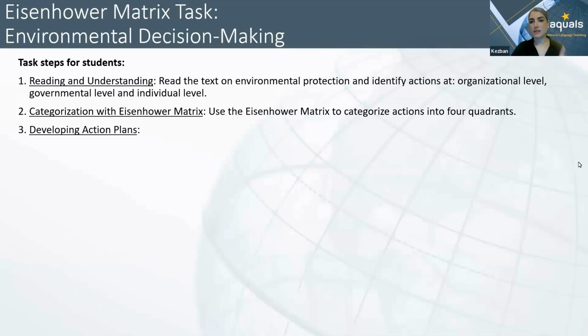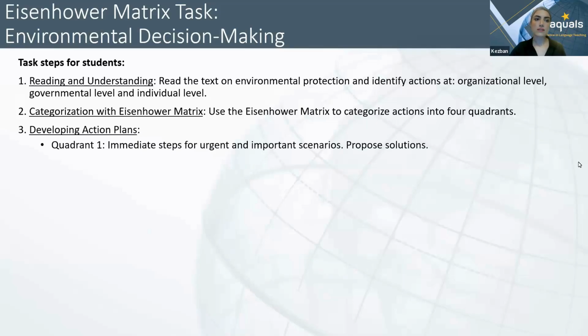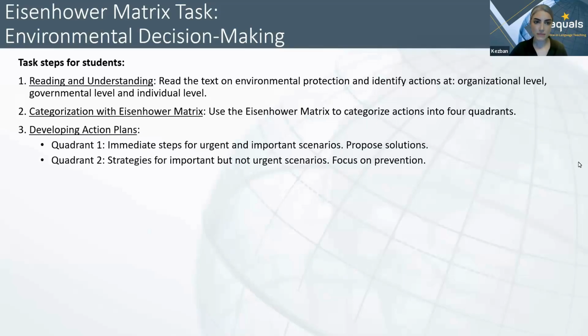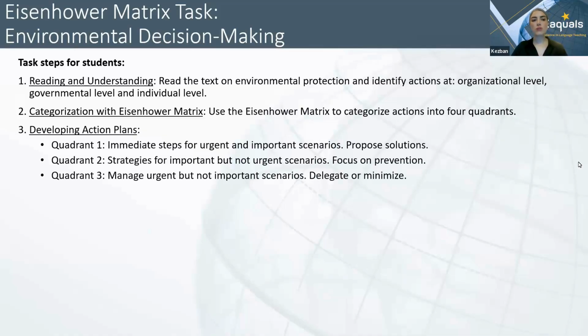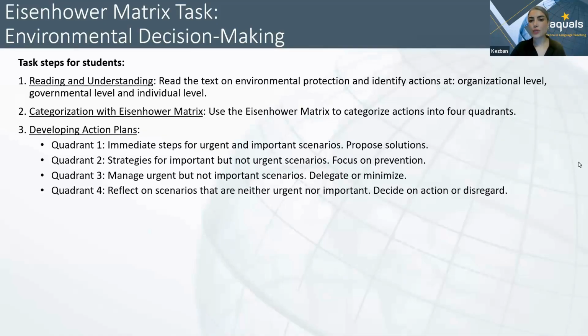After this categorization, they started developing their action plans. For the actions they placed in quadrant 1, they suggested solutions. For actions in quadrant 2, they started focusing on preventive activities. And for quadrants 3 and 4, they decided whether to delegate or to disregard actions.